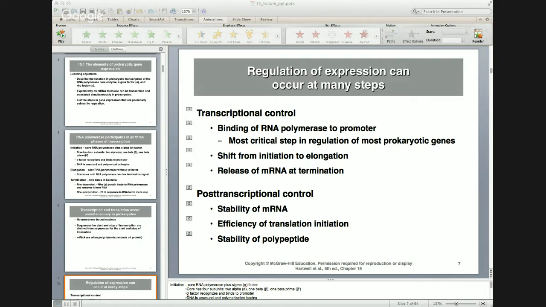So the stability of the messenger RNA is key in regulating expression. The efficiency of translation initiation is also important, and the stability of the protein that is produced. If the protein that is produced is readily degraded, then it doesn't do much for the cell.